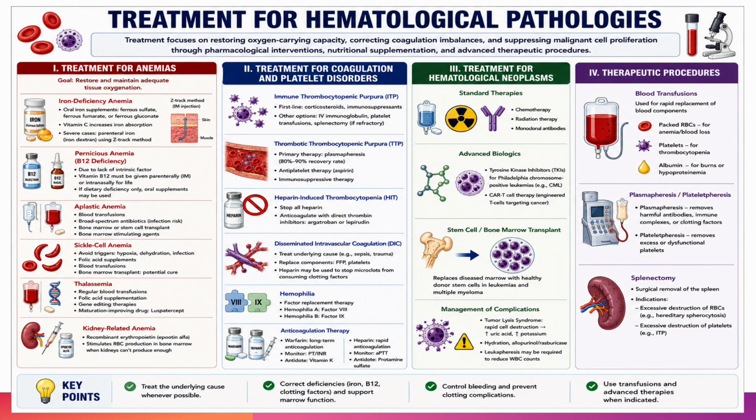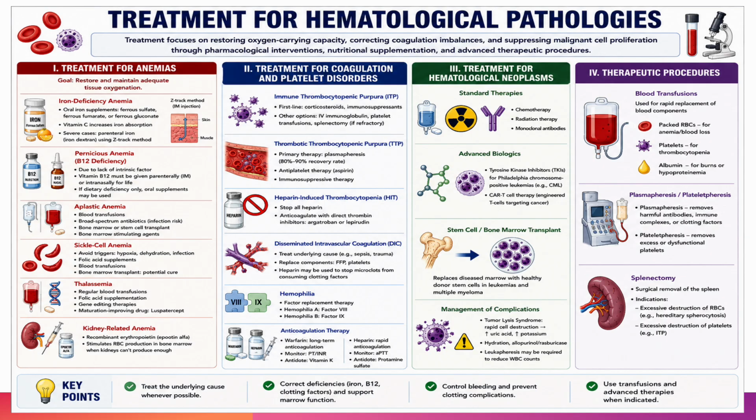Now let's talk about, that was diagnostics. Now let's talk about the treatment for hematologic pathologies, right? So treatment for anemia focuses on restoring oxygen-carrying capacity. Okay, if you don't have enough hemoglobin, we've got to make sure oxygen gets to the tissues. Iron deficiency anemia is treated with iron supplementation, often with vitamin C to improve iron absorption as well.